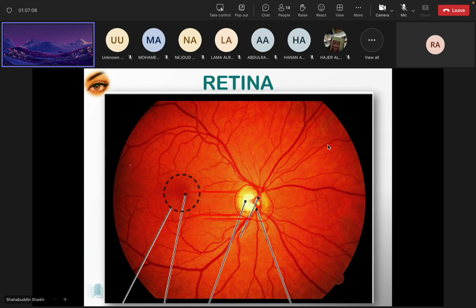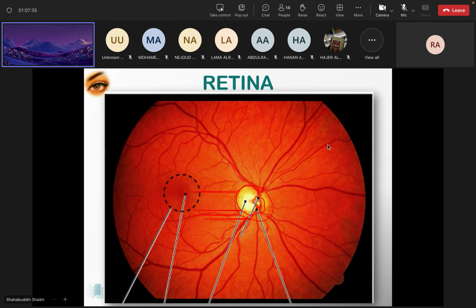In general, the whole retina will look reddish, pink, or even dark red, and you will see a lot of blood vessels. But you will see that all the blood vessels are coming towards one point which is less red than normal. It is a yellowish area. This is called the optic disc.